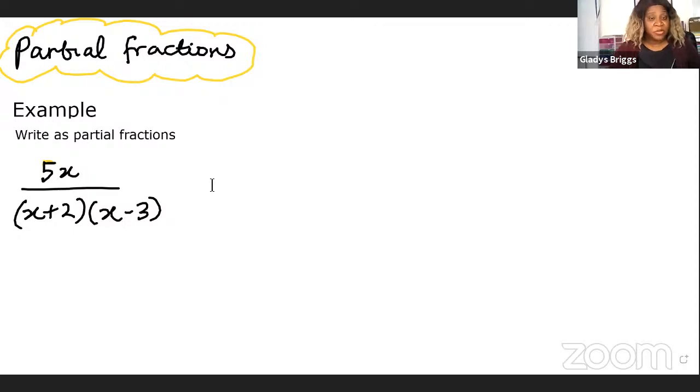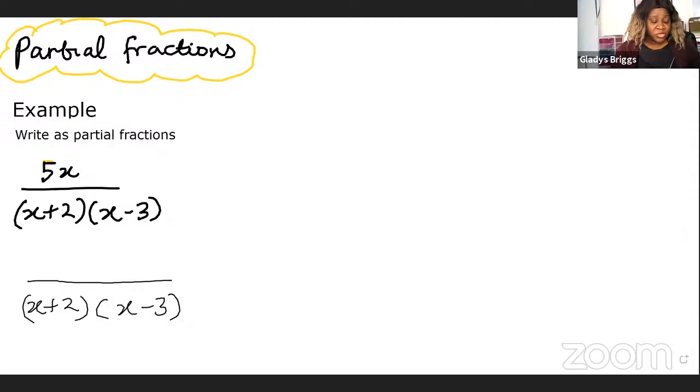It's not that difficult. Okay, so let's say we want to write it as partial fractions. We're going to keep the bottom as it is, x plus 2 times x minus 3.